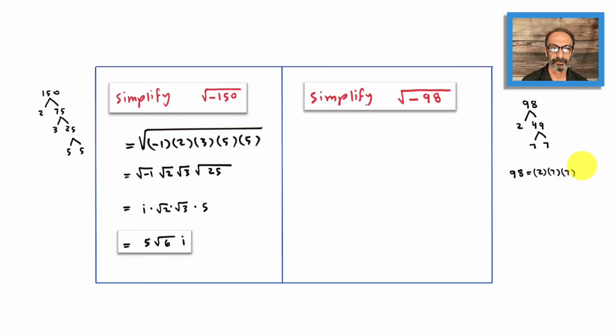So here we go. We have the square root of 49, instead of saying 7 times 7 like 5 times 5 here, that's going to give me a 7. The square root of 2 stays, and that's an i. Cleaning the answer and rewriting it in one step, that is 7, square root of 2, and i.